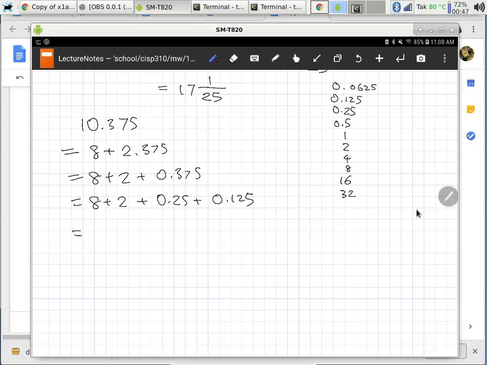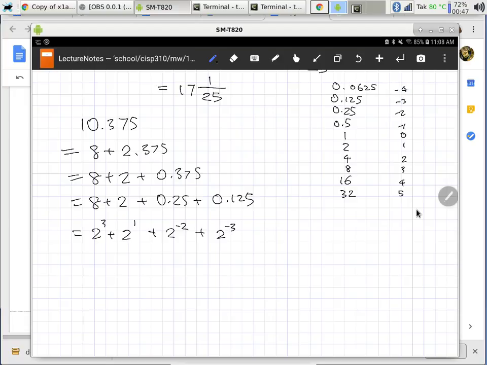We look at 8 and go like, yeah, it's 2 to the power of 3. 2 is 2 to the power of 1. 0.25 is 2 to the power of negative 2. And 0.125 is 2 to the power of negative 3. Now, how do we know that? Well, you can extend your table a little bit. 0, 1, 2, 3, 4, 5, negative 1, negative 2, negative 3, negative 4.